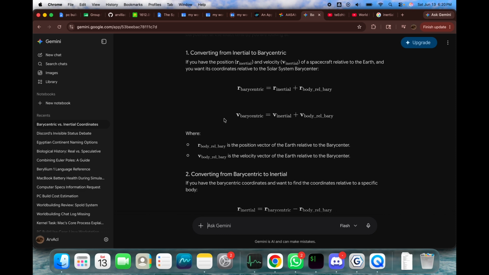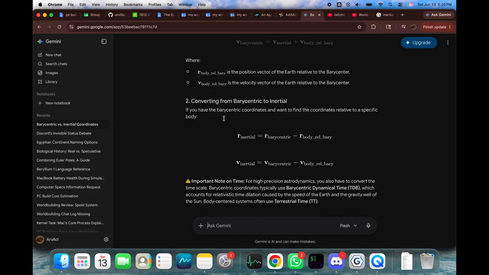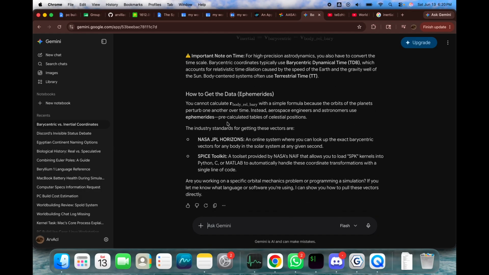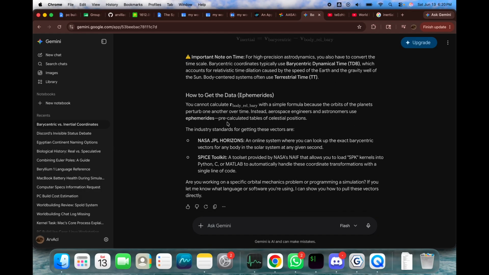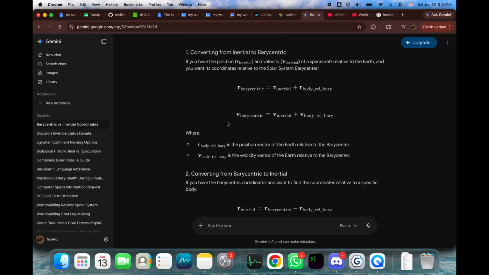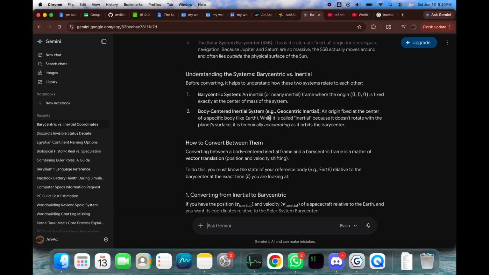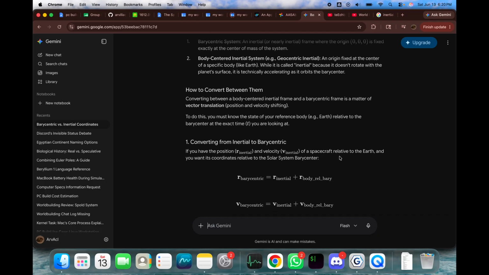So I think we're going to need to calculate the origin as the center of mass, so our body relative to the barycenter, and the body relative to the barycenter.